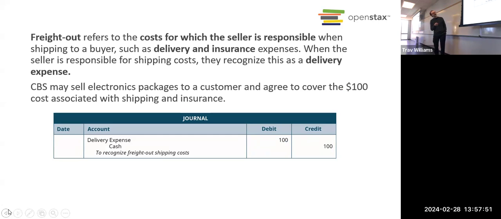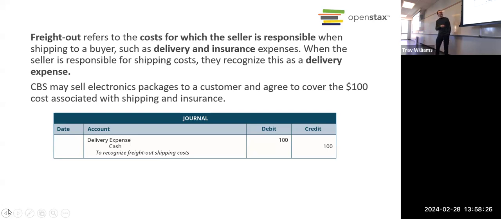All right, so here we have a new term, freight out. That means the seller is responsible for the shipping costs. For the rest of this chapter, we're going to refer to that as FOB destination. So it means the same thing, freight out or FOB destination, both mean that the seller is responsible for the delivery cost.